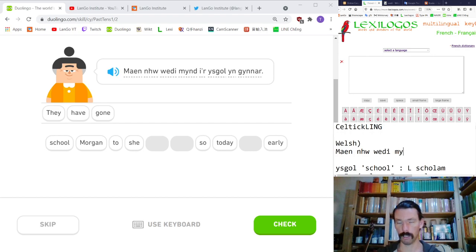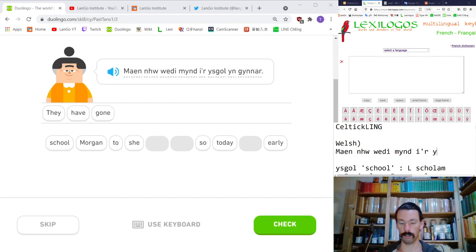Wedi mynd i'r ysgol. The end suffix seems to mean plural. Yeah, whether third or not, but that's a very common thing cross-linguistically, by the way. There's a bunch of languages I've looked at where it's true that the third plural marker, nouns or verbs, is an N. Something about it is very plurally in languages of Eurasia.